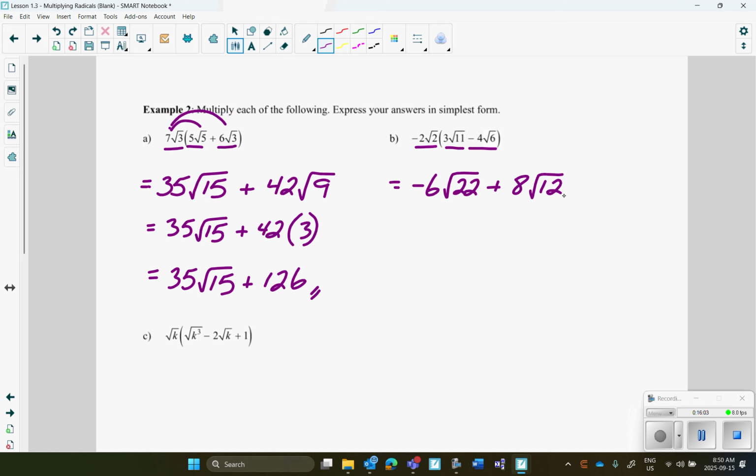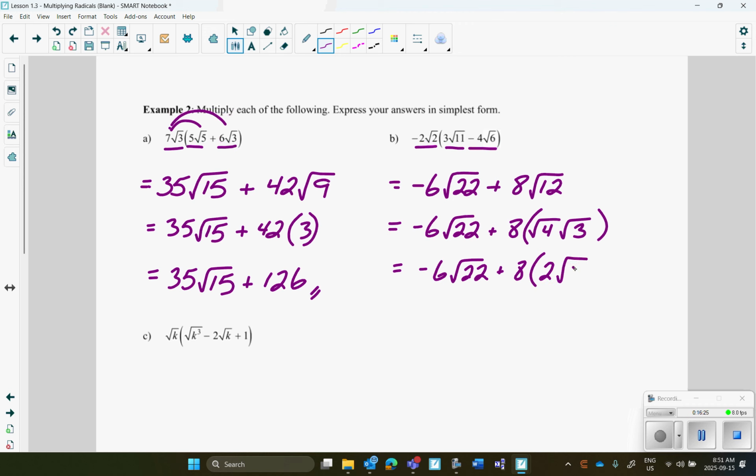Yes, we can break the second one down. Root 4 times root 3, which becomes 2 root 3. So negative 6 root 22 plus 16 root 3.